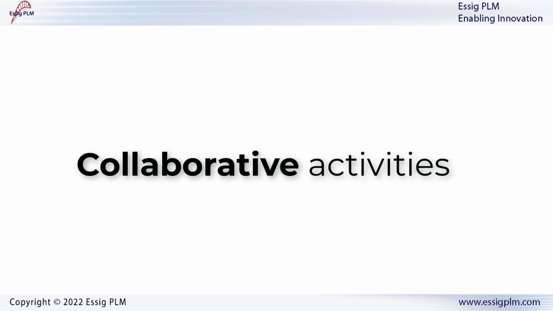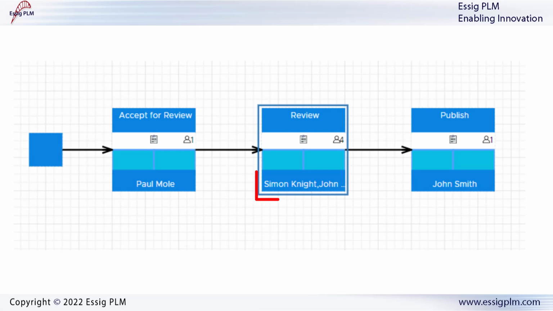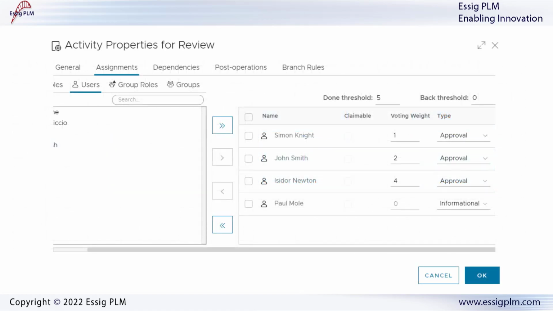Collaborative activities. The product manager might decide that a specific activity requires to be carried out by more than one person. An example could be a review activity, where many referees need to check a document before it is sent to print. In case that multiple resources are assigned to a single activity, a voting system can be set up.